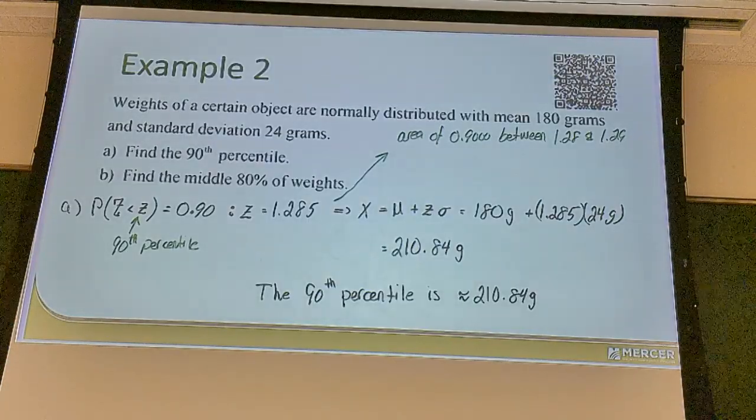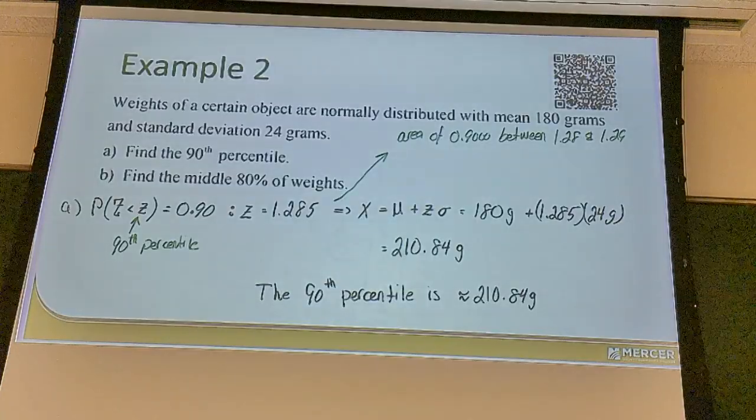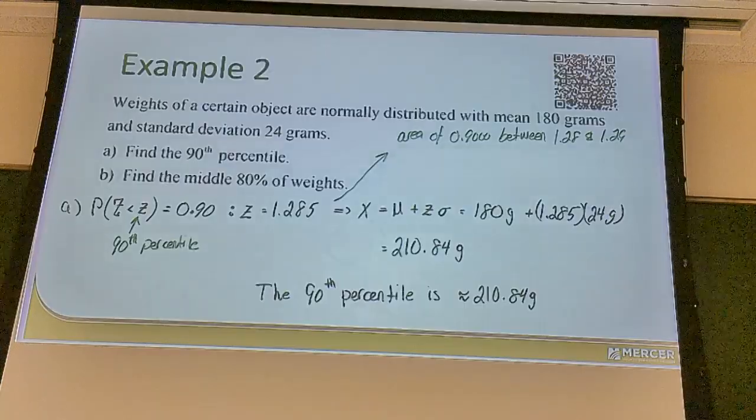Then 0 point what? 97. You can't have two decimal places. Sorry, 0.9750, right?